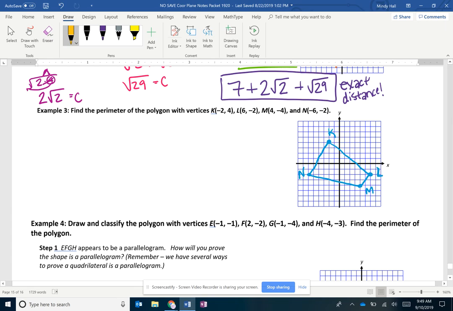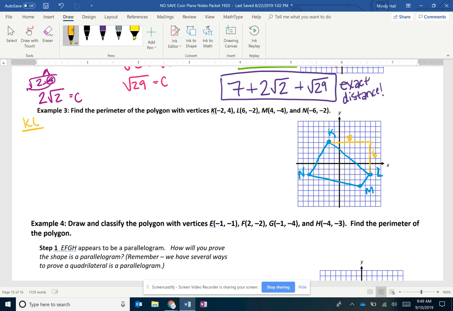So if I start with KL, I have a horizontal distance of 1, 2, 3, 4, 5, 6, 7, 8. Okay, making sure. And then a vertical distance of 1, 2, 3, 4, 5, 6.